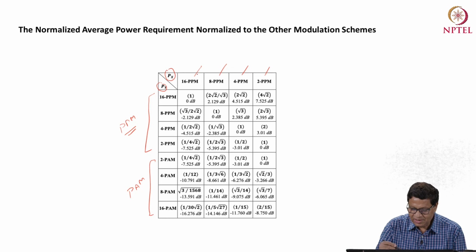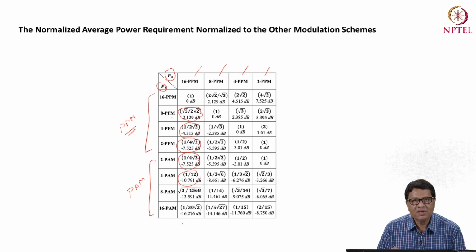As you see here, 16 PPM requires less power as compared to 8 PPM by this amount. It requires less power as compared to 4 PPM by this amount, and for 2 PPM this amount, and so on and so forth. So you can compare any PPM scheme with any of the PAM schemes for the different amounts of power required for each scheme by looking at this table.